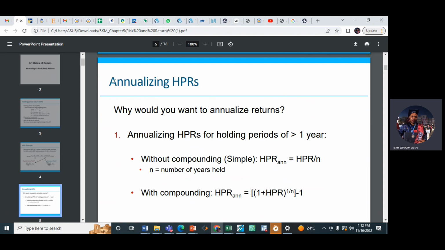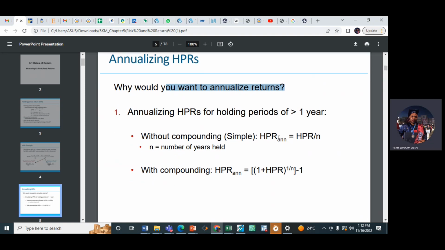Have you seen analyzing? I think we did this at the beginning of the semester. To annualize means, why will you annualize returns? So go back and read it. You are trying to look at it from the perspective of a year, because you can have returns in monthly figures or maybe biannual, that is every 6 months or whatever.